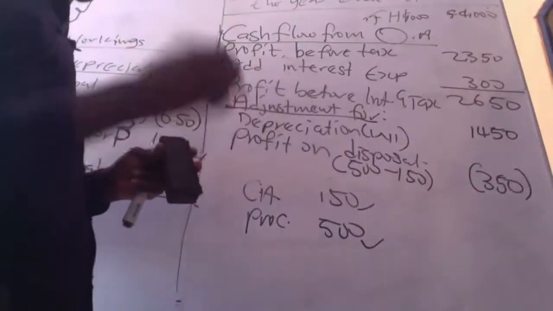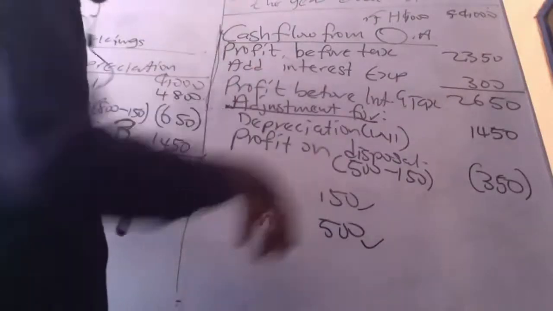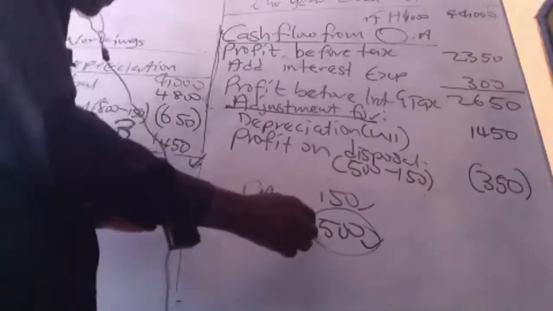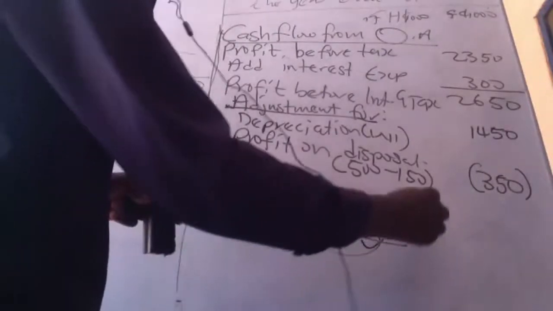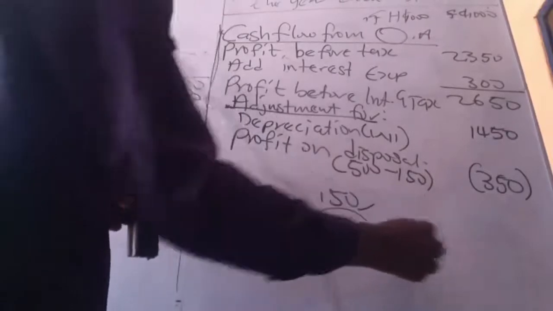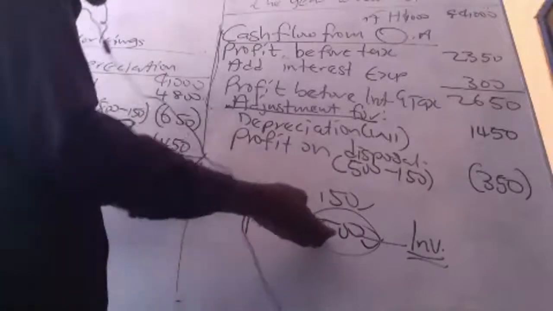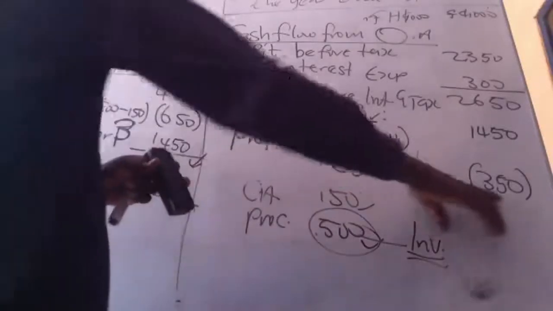It's not cash. You have to pick the cash element of this transaction. How much it was sold for, that's the 500. So the proceeds will go to investing as an inflow. Why? Because that's the money received.